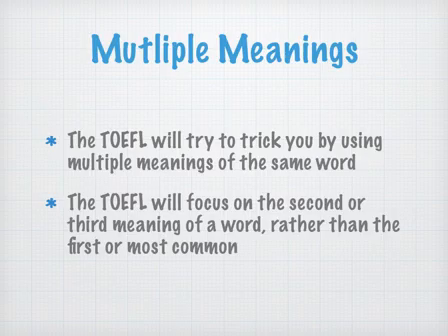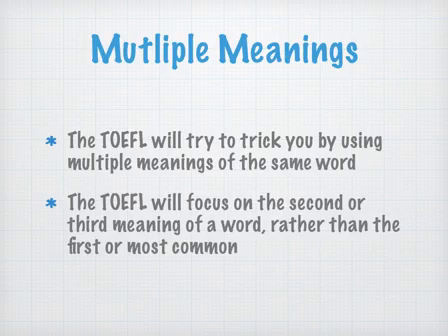You don't need to go away and cram these from your dictionary, but you do need to see how that word, or any word in fact, changes in the context of a sentence. The TOEFL will try and do this. It will focus on the second or third meaning of a word rather than the first or most common.